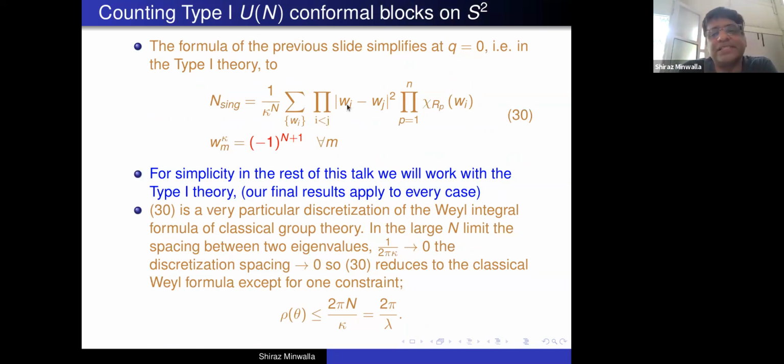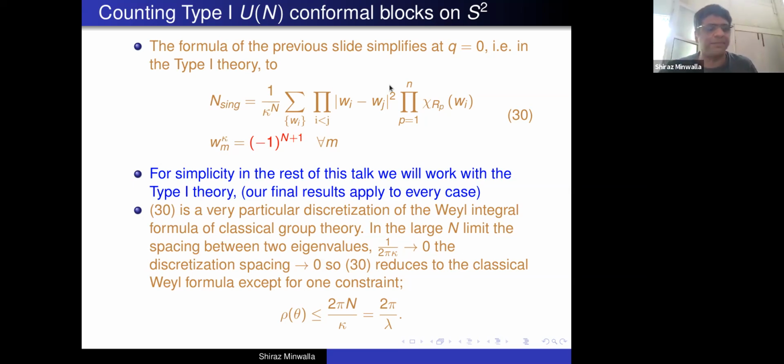The formula simplifies to this nicer looking expression, and the equations that the eigenvalues have to satisfy just become the condition that each eigenvalue has to be a kappa-th root of unity if n is odd, or a kappa-th root of -1 if n is even.